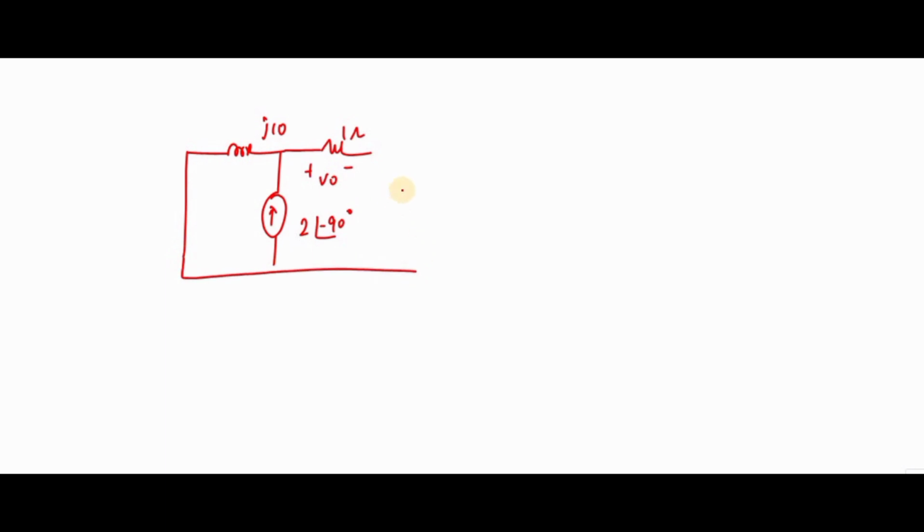Next you have a capacitor with value minus j2, and a 4 ohm resistor, and this is the short circuit. You can see this 4 ohm and j2 are in parallel.